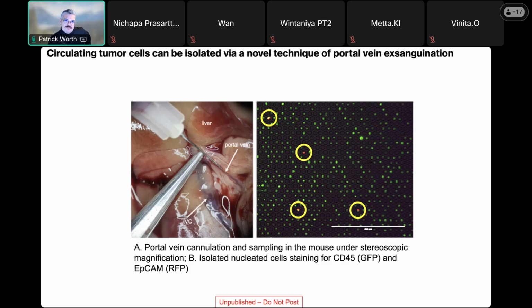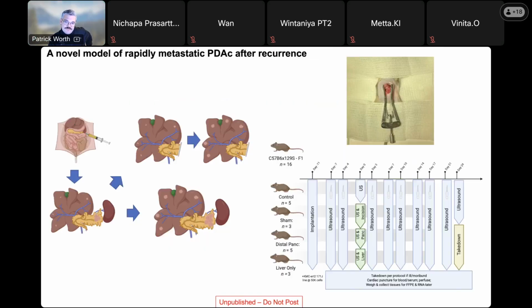We've also been able to identify circulating tumor cells in this novel technique of portal vein exsanguination in our mouse model. And so we wanted to identify in our mice whether surgical intervention would accelerate metastatic outgrowth in these mice.